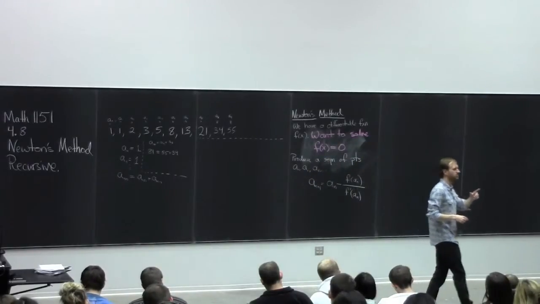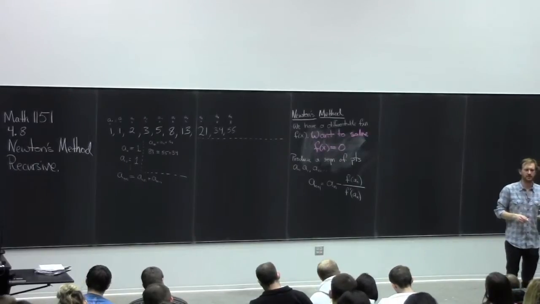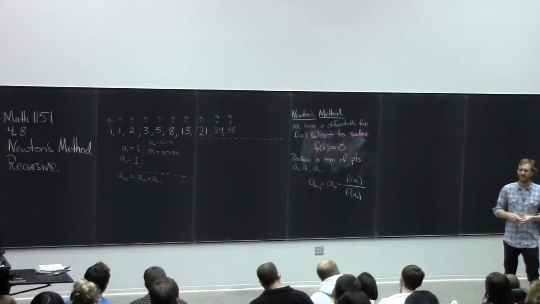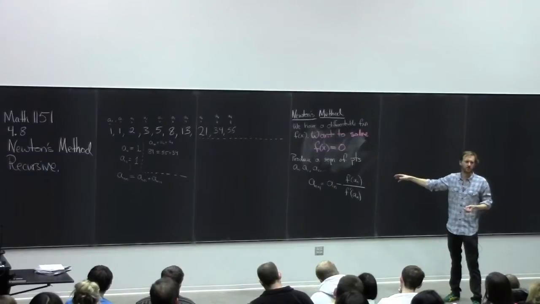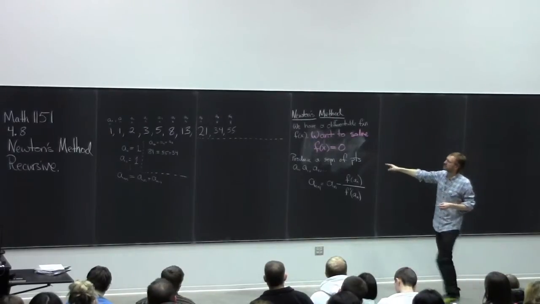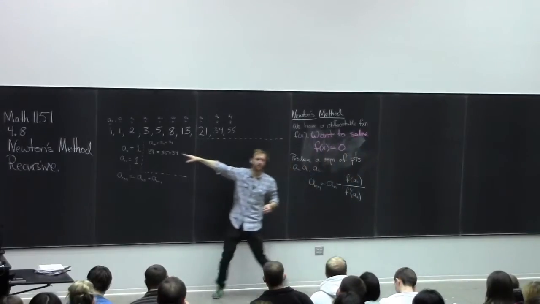Now, there's something I haven't told you yet. If you're paying attention, you might know what it is. What do I need to tell you to give you a recursive formula? I haven't told you something yet. I haven't told you f of x. I also haven't told you, remember here I gave you the starting point, right?